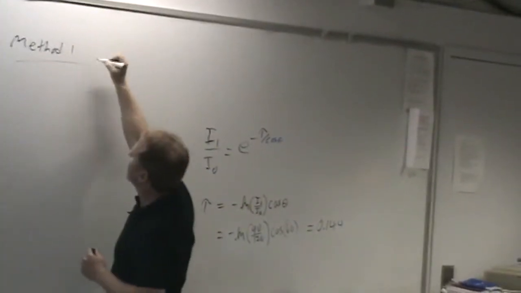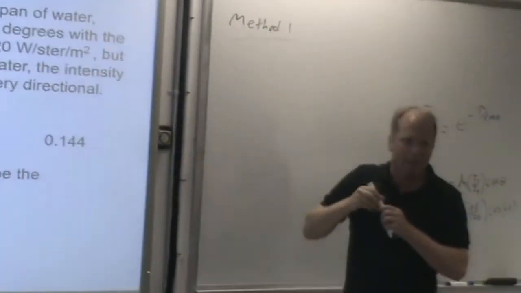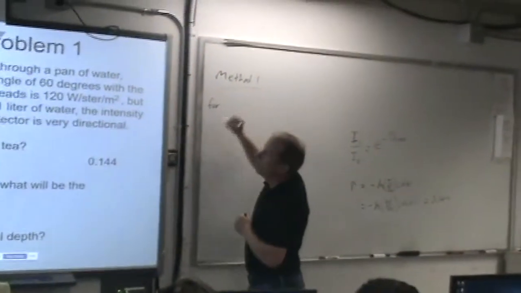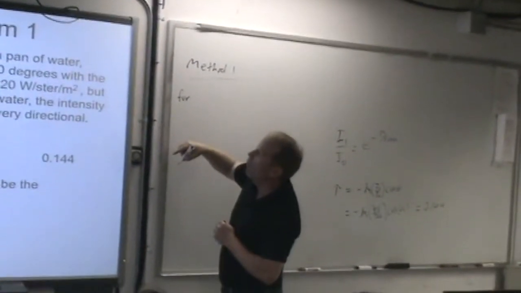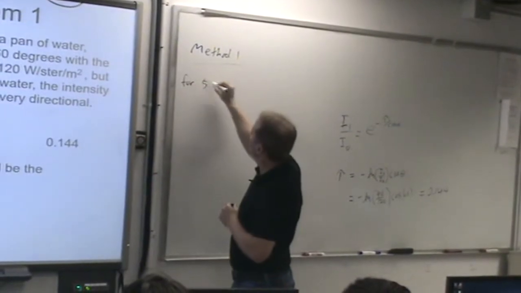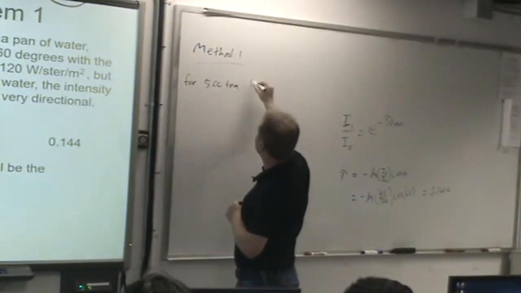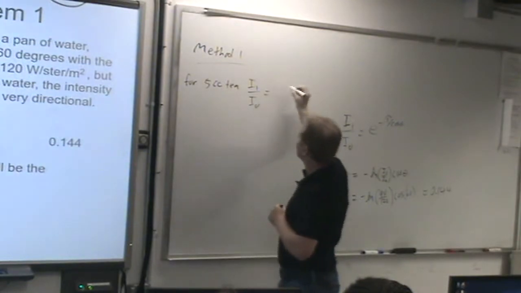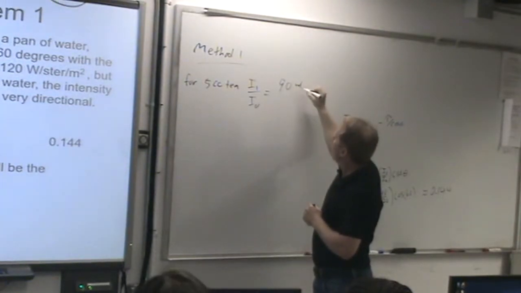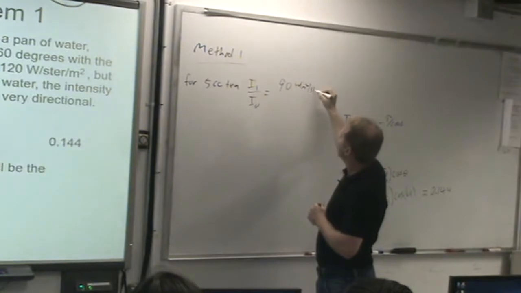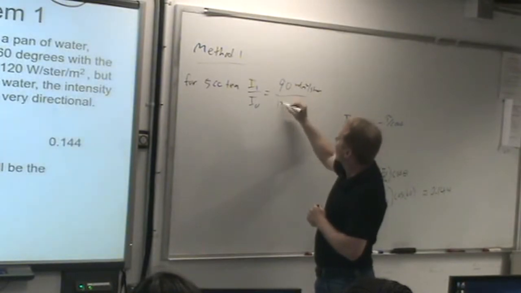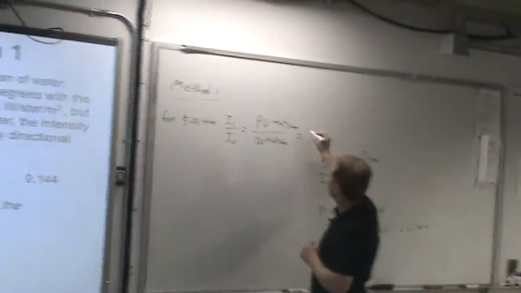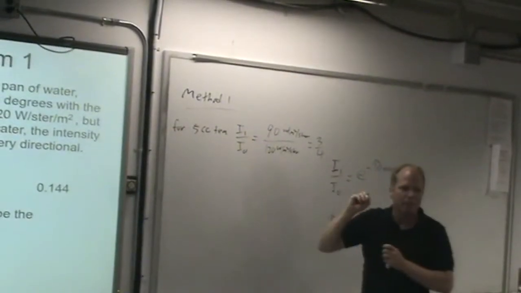And this is actually not using Beer's law. For 5 cc's of T, I1 over I0 is equal to 90 watts per meter squared per steradian divided by 120 watts per meter squared per steradian, which is equal to 3/4, right?